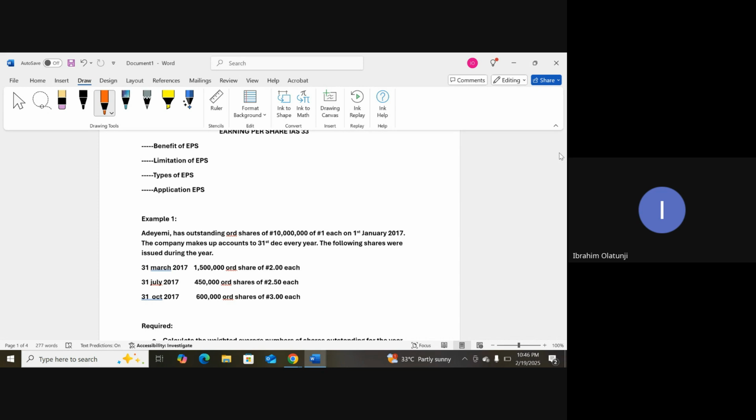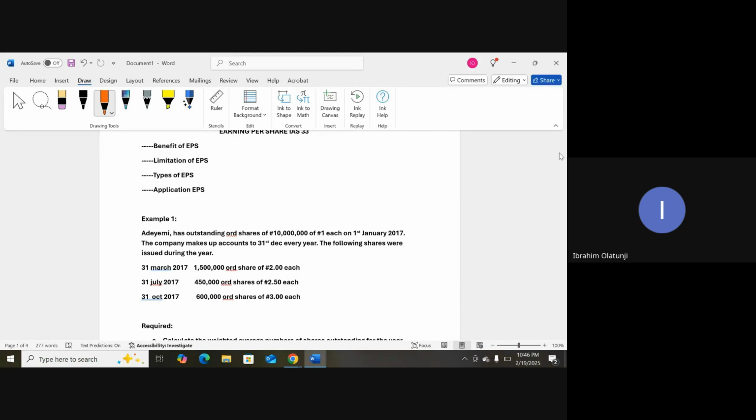I also said EPS can be used to assess the profitability performance of the entity over time, and it can be used for investment decisions. We also said we can use it to predict the future profitability of an entity.